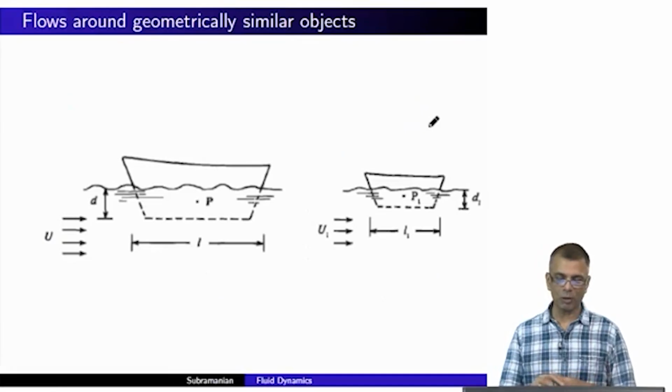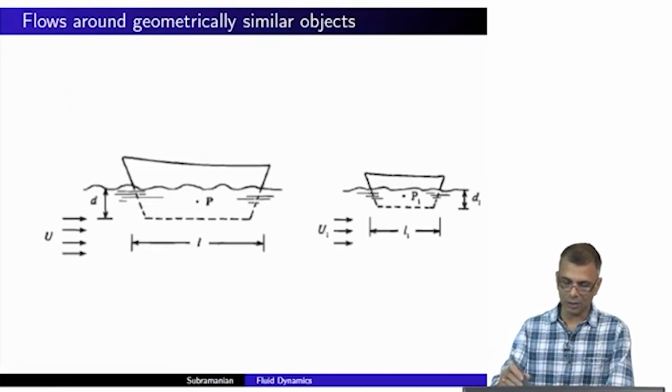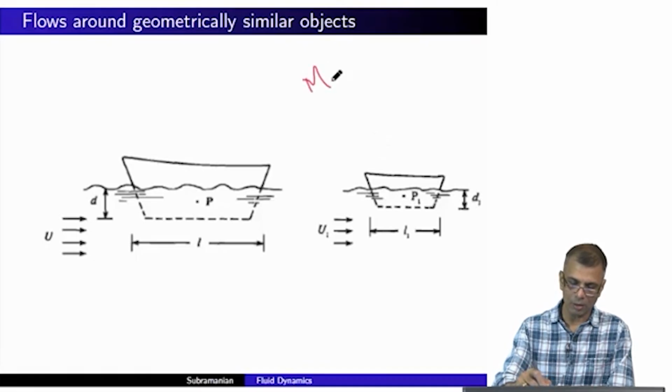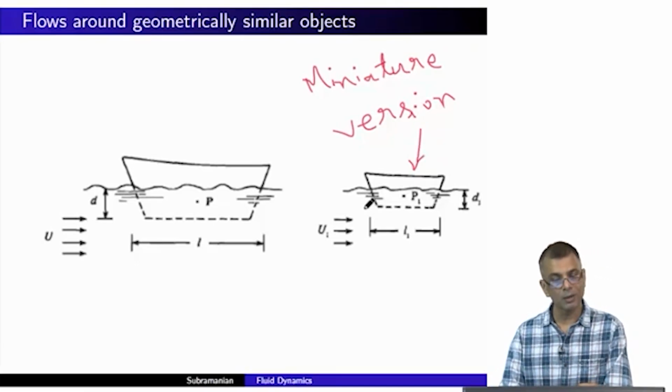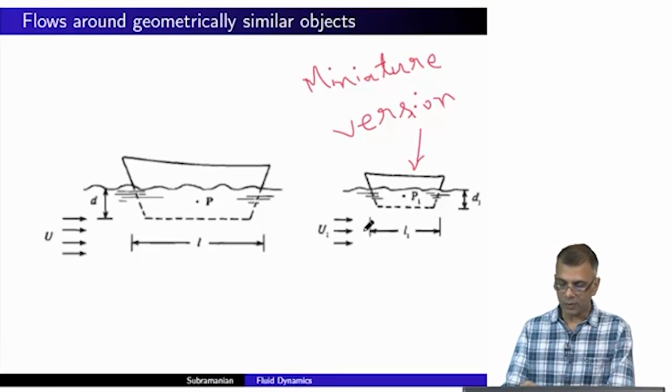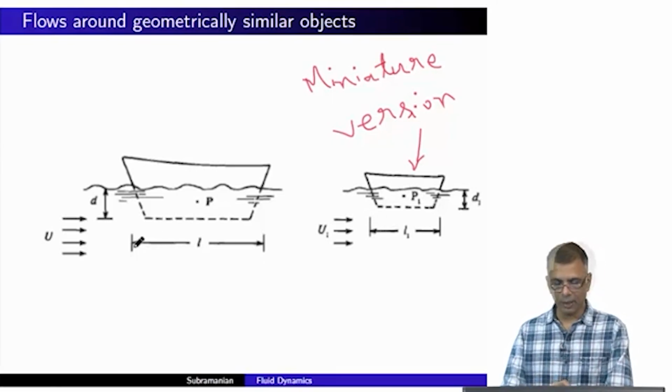So here's an example of geometrically similar objects. This is a miniature version of the ship, right? So the L1 is smaller than the L, so on and so forth.